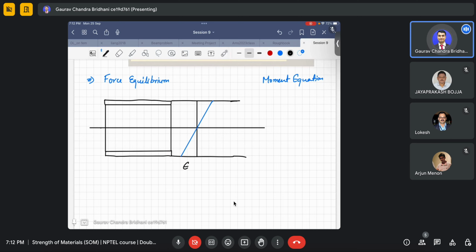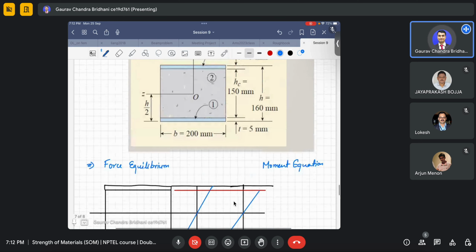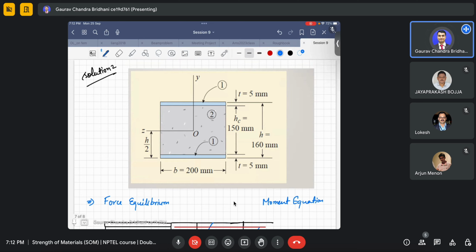Now the interesting part comes with the stress. So if I draw the profile for stress, by inspection we know E1, the Young's modulus of aluminum, and the Young's modulus of plastic.